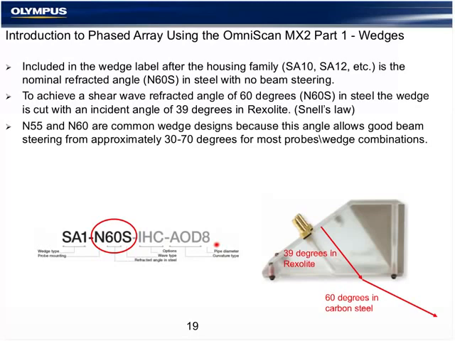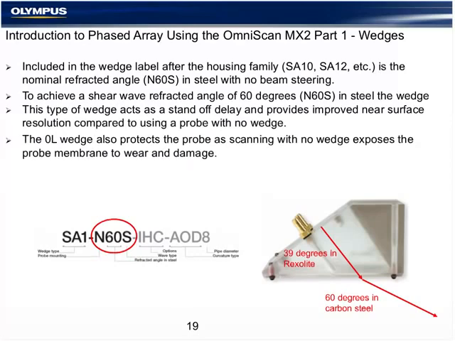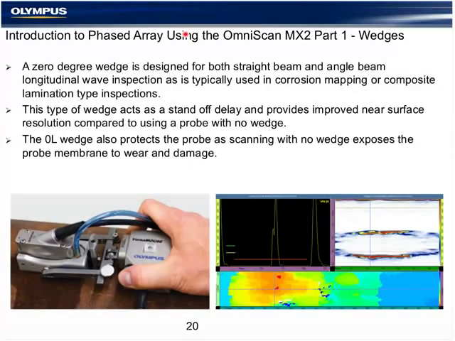In this case, a 39-degree shear wave wedge incident angle relates to the refracted angle in the carbon steel for the shear wave. Most of these wedges are designed for about a 30 to 70-degree sector scan that can be calibrated on normal side drilled holes and notches.